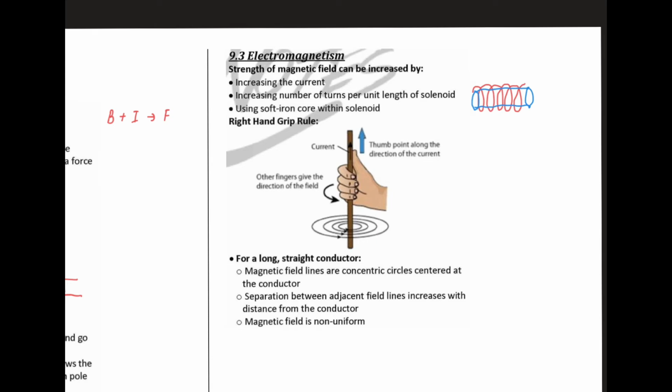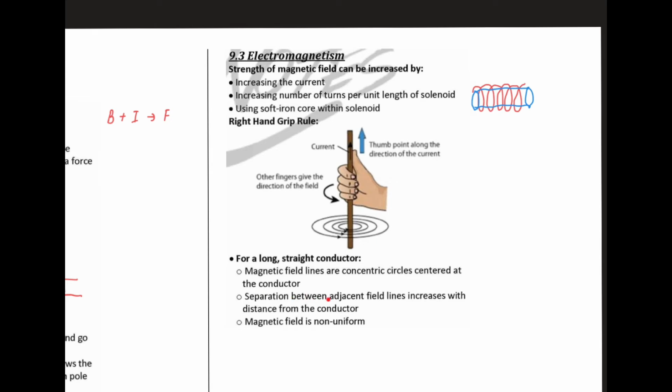For a long straight conductor, we use the right hand grip rule to determine the direction of the magnetic field. The magnetic field lines are concentric circles centered at the conductor, which means it is a circular magnetic field.